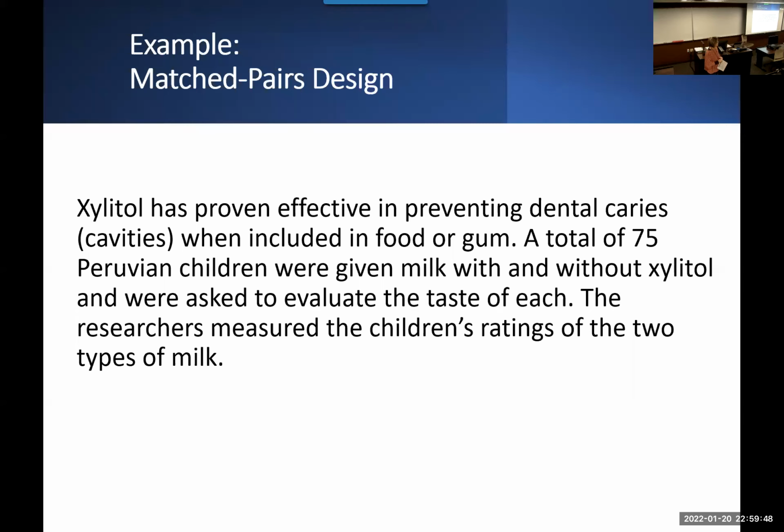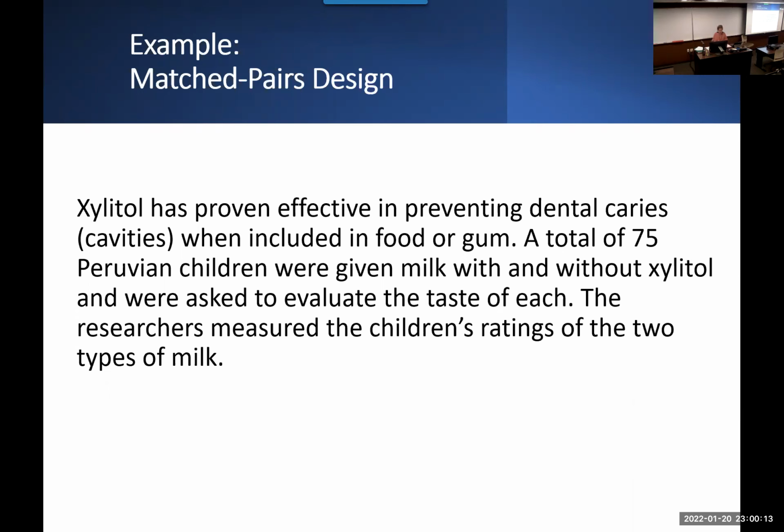A total of 75 Peruvian children were given milk with and without xylitol and asked to evaluate the taste of each. Researchers measured the children's ratings of the two types of milk. So you can see you only had two treatment groups, right? That's kind of the idea behind a matched pairs design in this particular case.